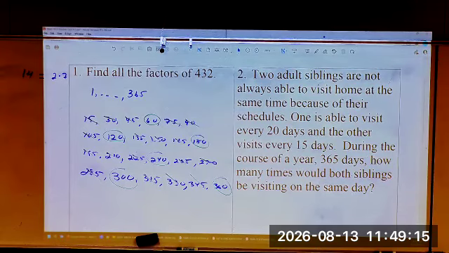Okay. Able to visit every 20 days. The other one's able to visit every 15. And then it goes on, during the course of the year, 365 days, how many times would both siblings be visiting on the same day?